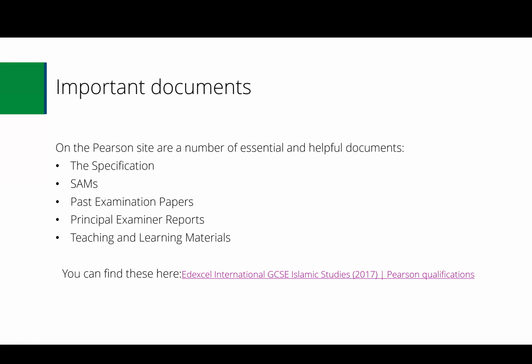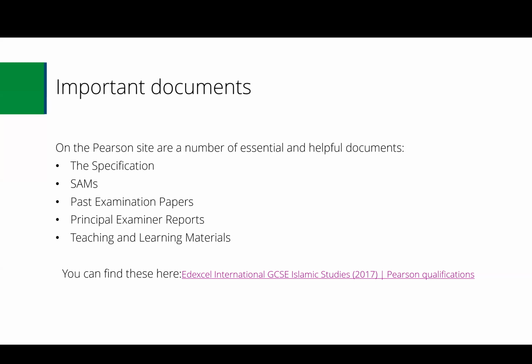I'm not sure if you can see my screen. Can somebody just tell me a yes if you can see my screen with the link? Okay, so the link is here and I will put it into the chat later on as well so that you can have a look yourselves. Thank you, Babar and Nadia.